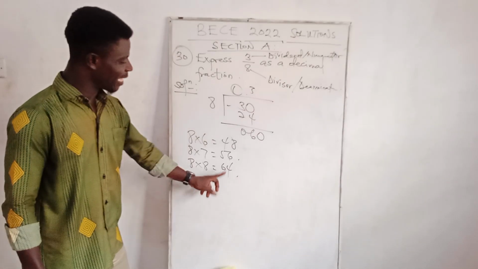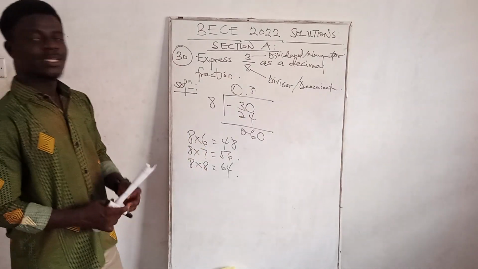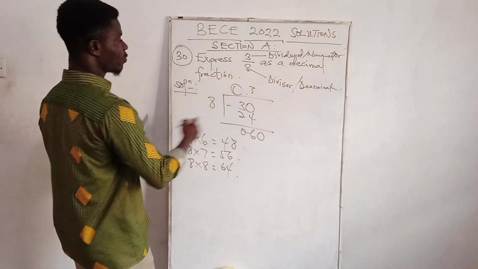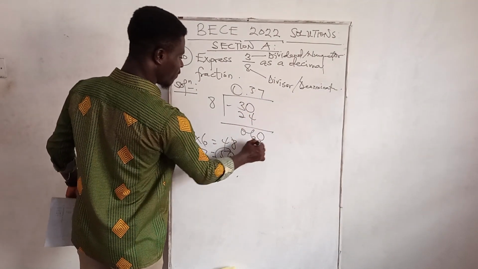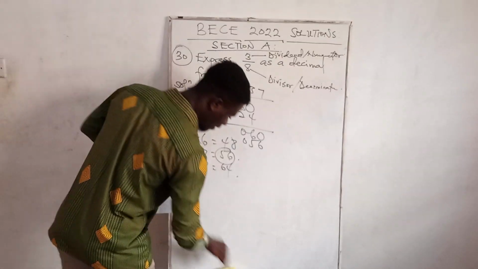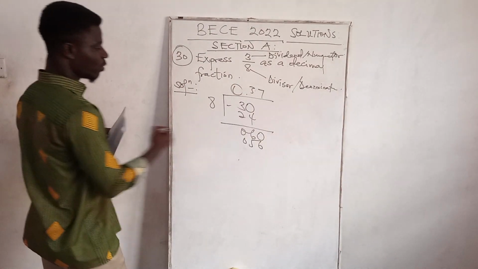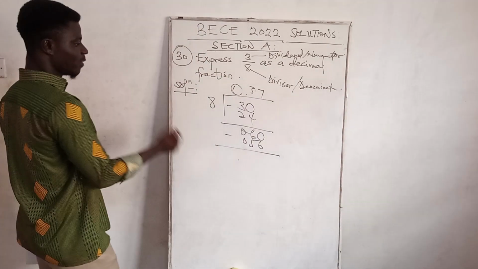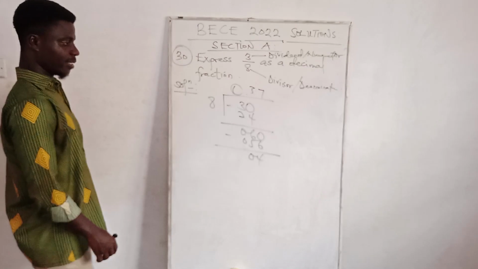We have 60 here and here is 64, so 8 will go into 60 7 times. 7 times 8 gives us 56. Very simple. You have to know your multiplication table very well. Then we subtract 56 from 60, 4.